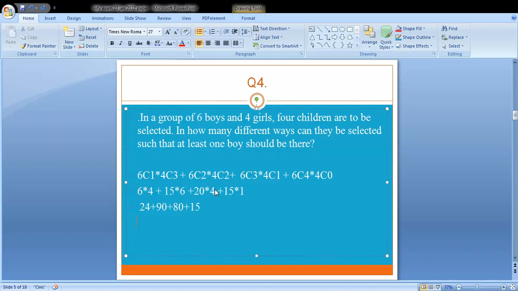So if you add 90 plus 80, 170, plus 24 plus 15, the total is 209. That's the answer. Hope it's clear.